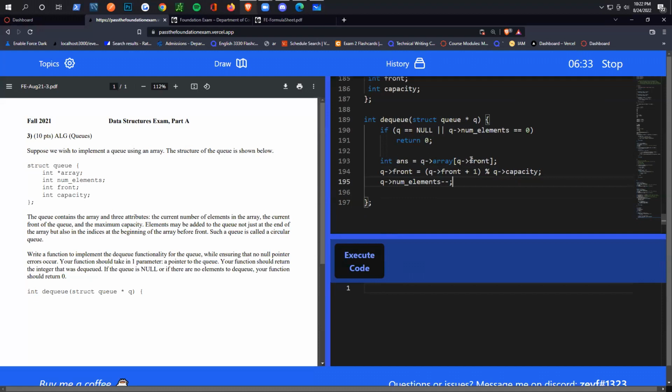Minus 1. I like to do the parentheses just to be safe. The capacity stays the same. The only thing that changes is front and number of elements. And now right here, we're just going to return the answer, which is the value that we just DQ'd. And that's it. That's all it is.